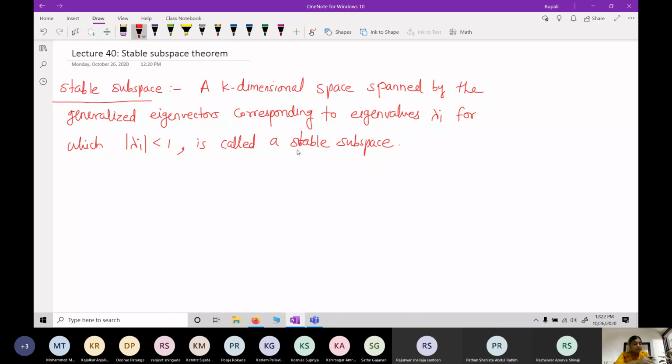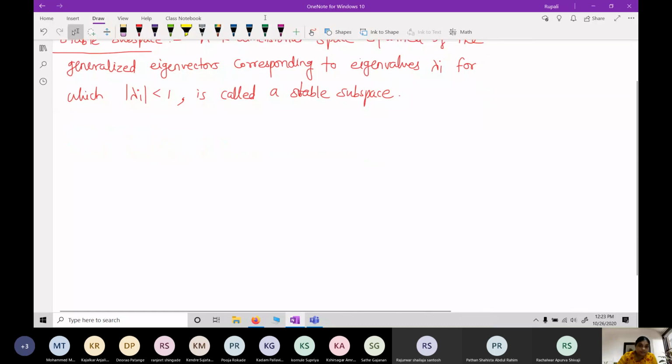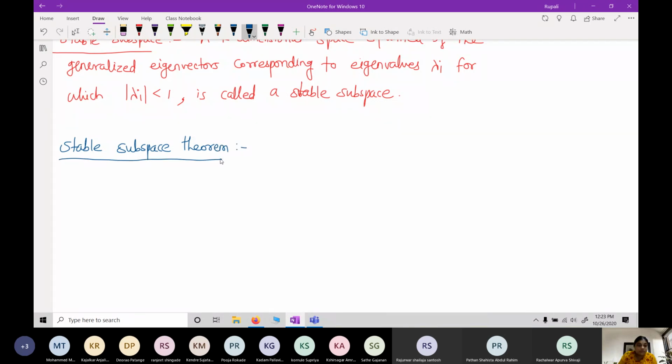So we will see the theorem. What does this stable subspace theorem say? It can also be asked as state and prove, so you have to remember the statement also. This is theorem 4.7, the stable subspace theorem.